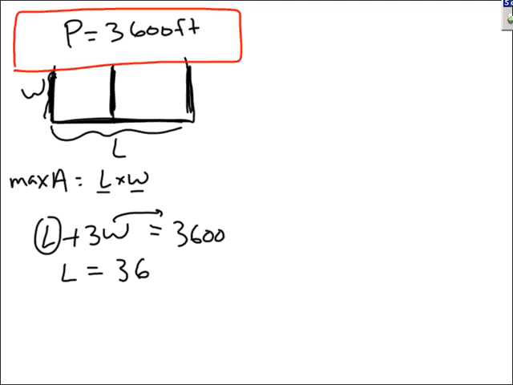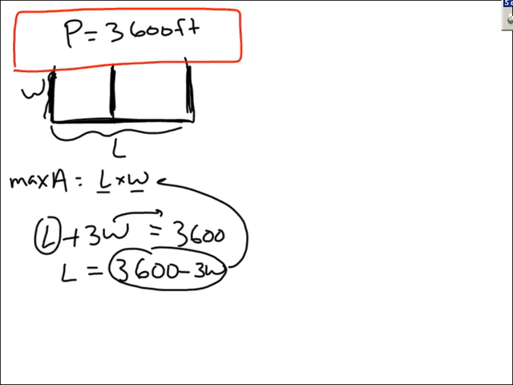L is 3,600 minus 3W. And this new way of writing L, I'm going to put right there. That way, A will just be in terms of W. And I did make one mistake. I'm going to put it right there for L. Because L is 3,600 minus 3W. So A is equal to L times W, and this is just another way of writing L.